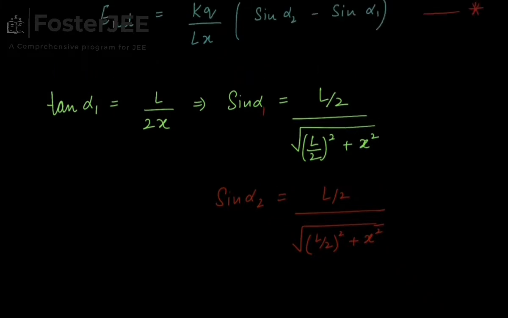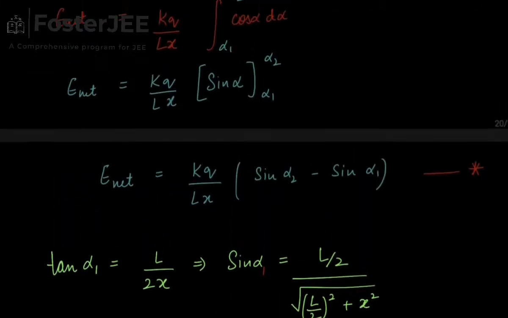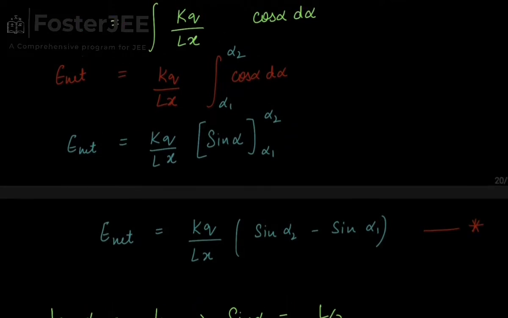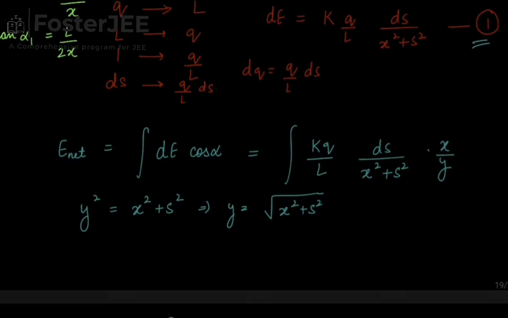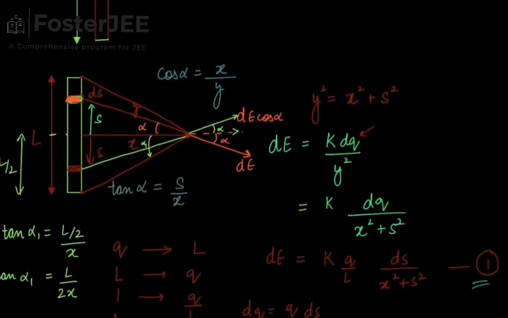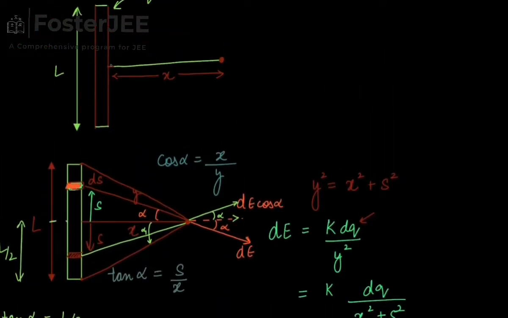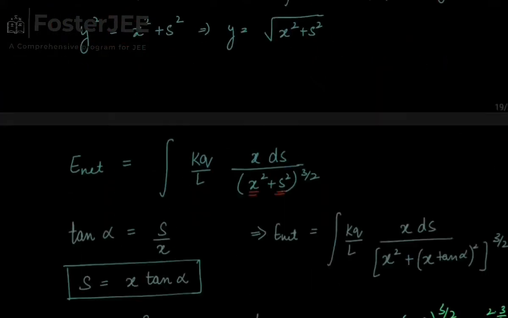But note that in these terms we have to take alpha 1 as negative and alpha 2 as positive. Why? Because if this is our reference line, we can see above this line alpha is positive and below this line alpha is negative. So the limit is minus alpha 1 to plus alpha 2.